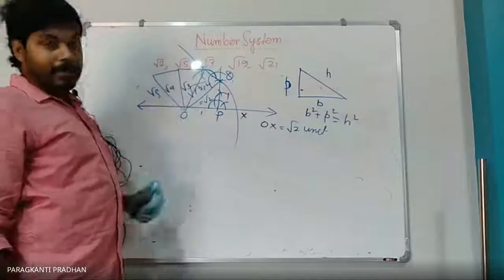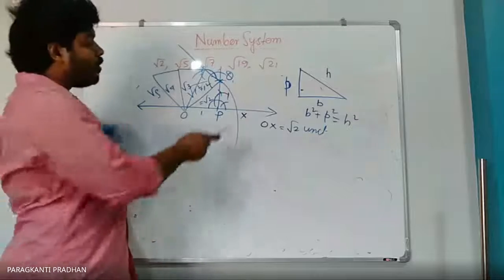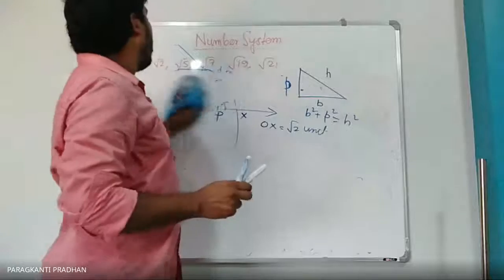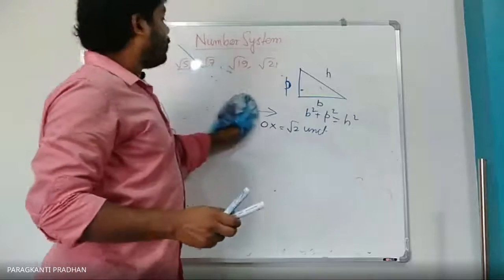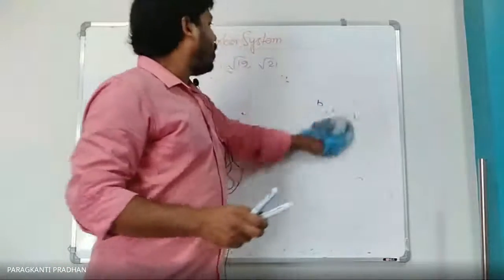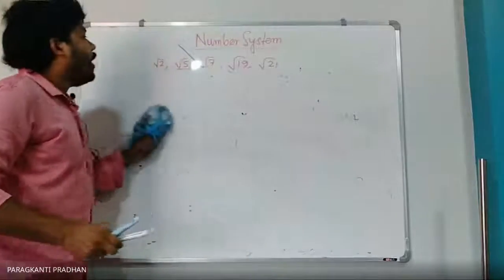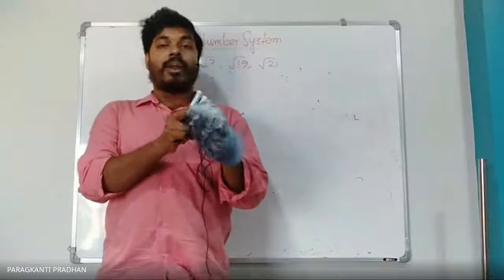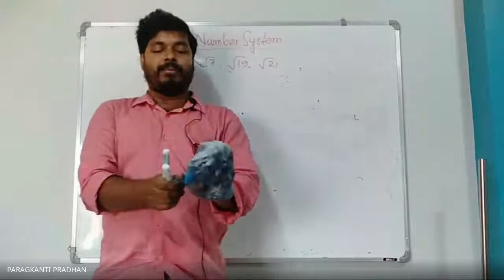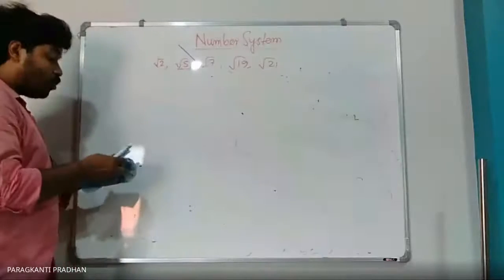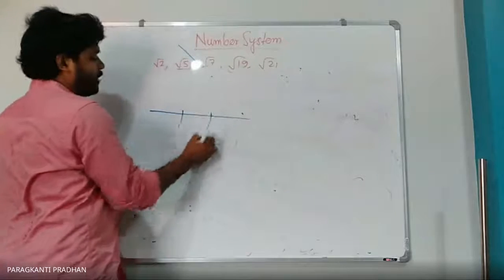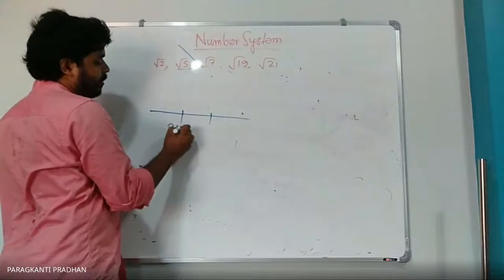But for root 5 or root 7 there is no need to write step by step. You can find it by asking: which is the nearest square number below 5? Which one? 4. Very good. So at first take 2 units as the base.